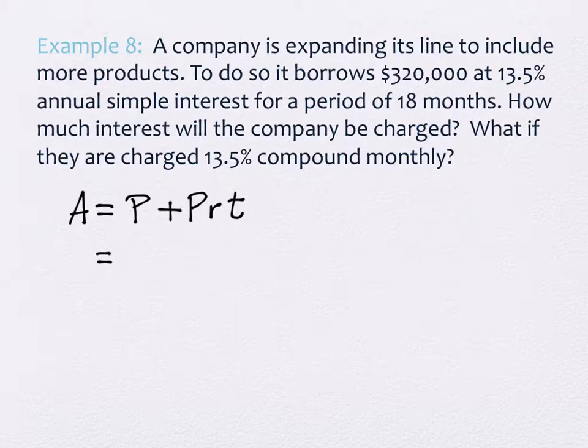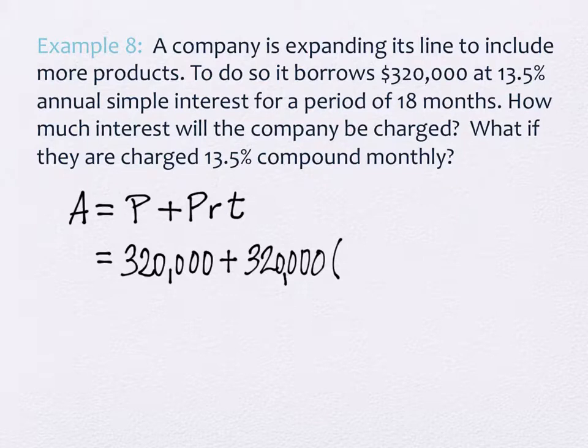It's $320,000. It's really large. Remember, principal is the amount you borrow or the amount that you lend. So this is $320,000 plus $320,000.